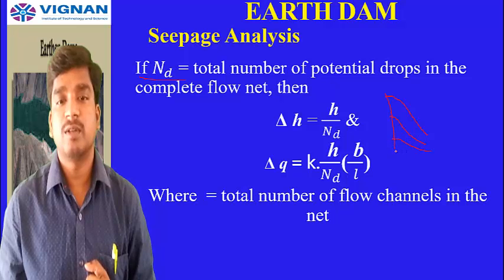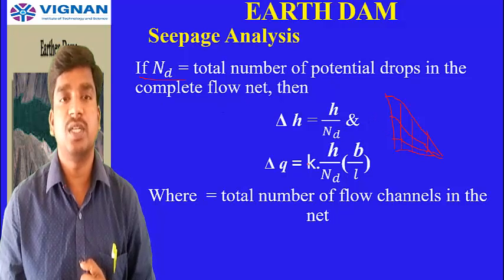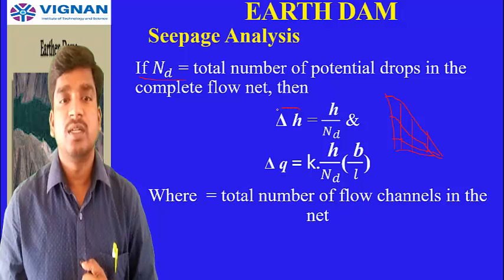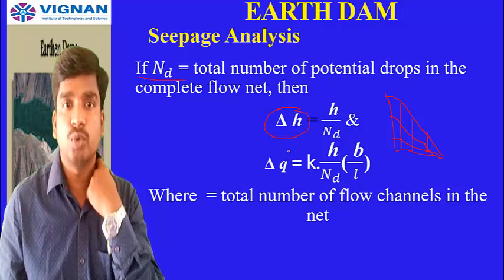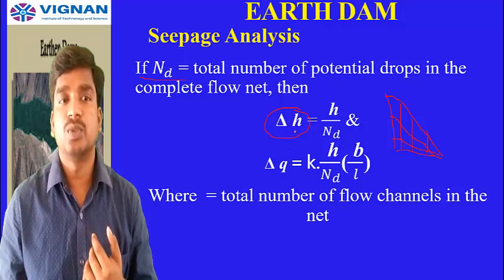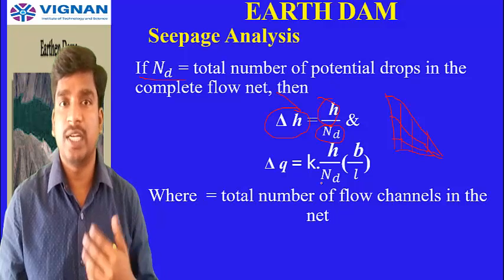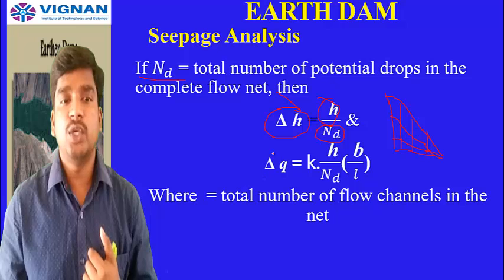Then delta H, the head drop, is equal to H divided by ND, which gives you the head drop in the flow net. Then delta Q is equal to K into, if we substitute, this will be the final equation.